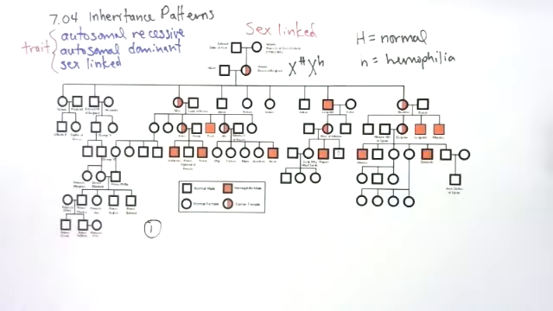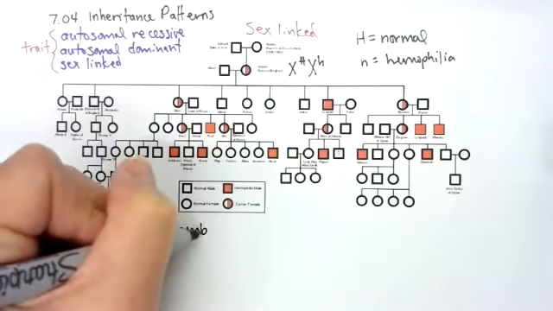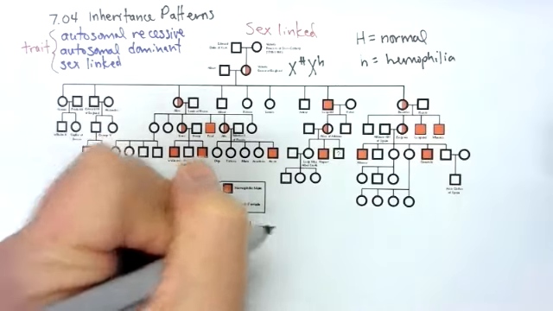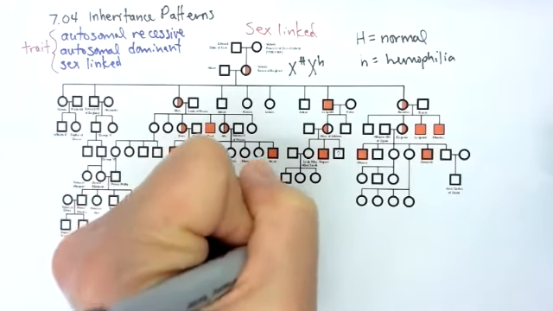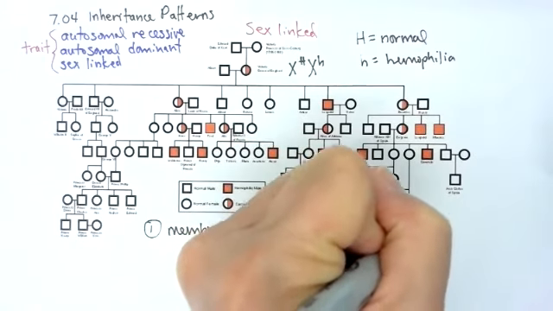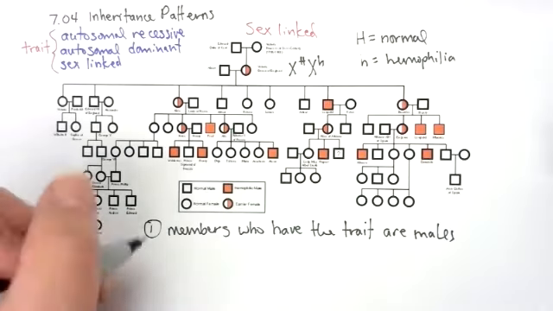So on a sex-linked trait, the members of the pedigree who have the trait are males. So you can tell something is sex-linked when everybody who has the disease is a male.